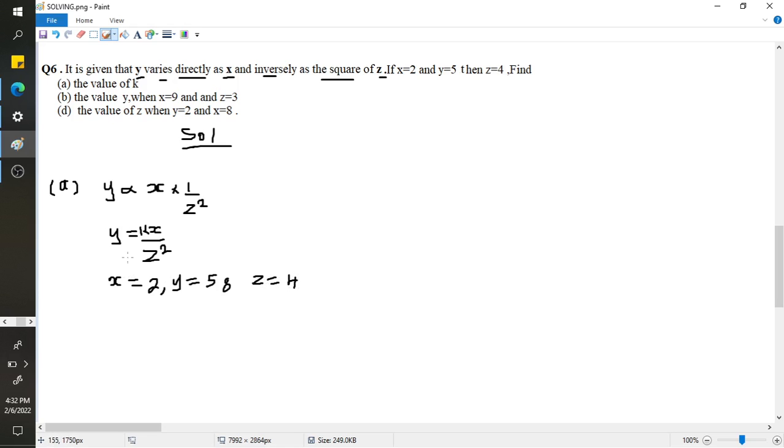Applying the formula, we substitute: y is 5, k is what we are looking for, x is 2, then z is 4, but this z is squared.